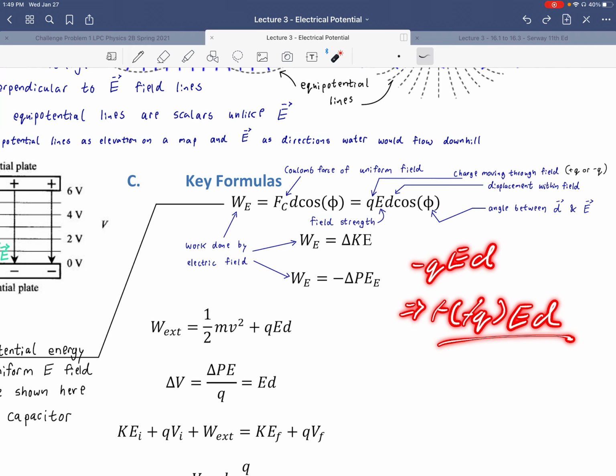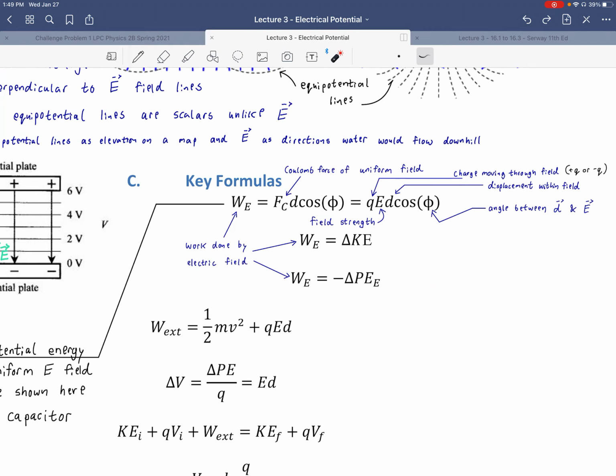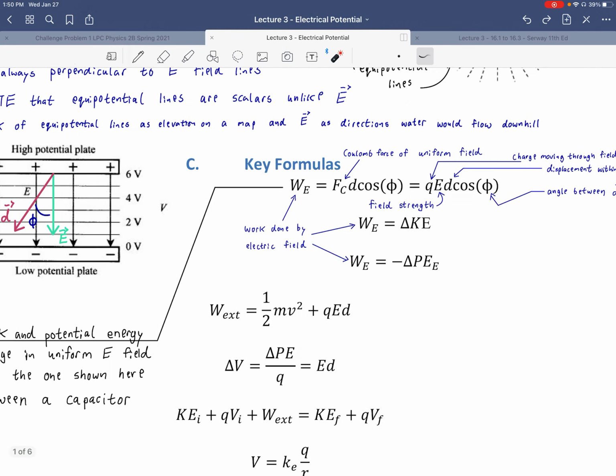But that, of course, makes sense, because an electron moving opposite to an electric field is actually having work done on it. Whereas, of course, an electron moving with an electric field is not having positive work done on it. The field would not be accelerating it, it would be slowing it down. Got it? Okay? All right.